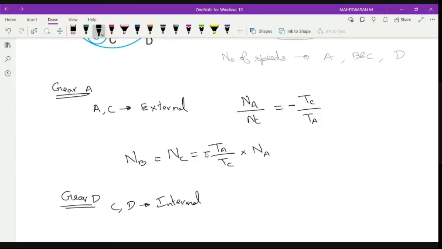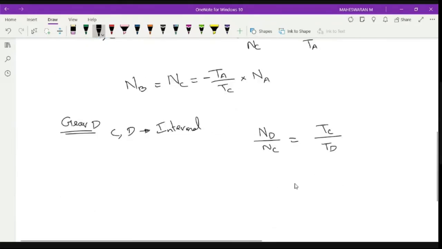The reason is external connection is different; here it is internal. So I need ND. ND by NC is equal to TC by TD, which means ND is equal to TC by TD into NC.